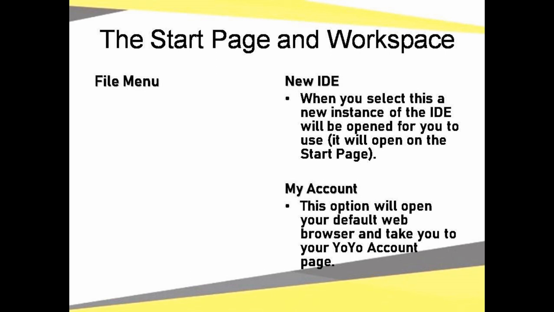The next one is My Account, wherein, as you have already done initially, you will be creating an account under Yo-Yo Games before buying, installing, and setting it up on your computer. By doing this, it will redirect you using your default browser to the currently logged-on account that you have on Game Maker Studio 2.